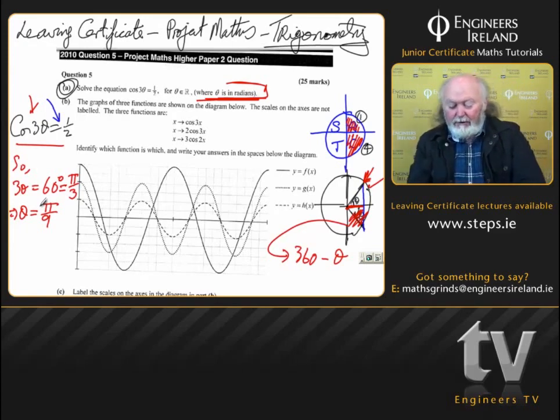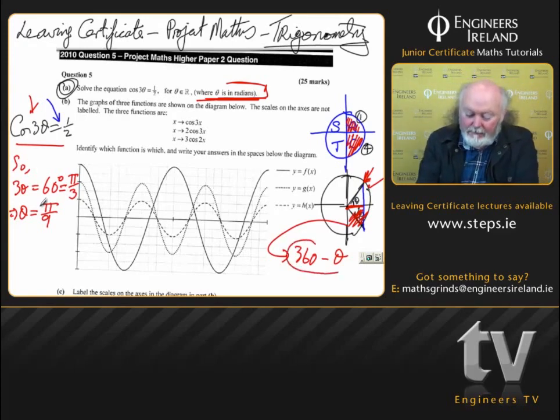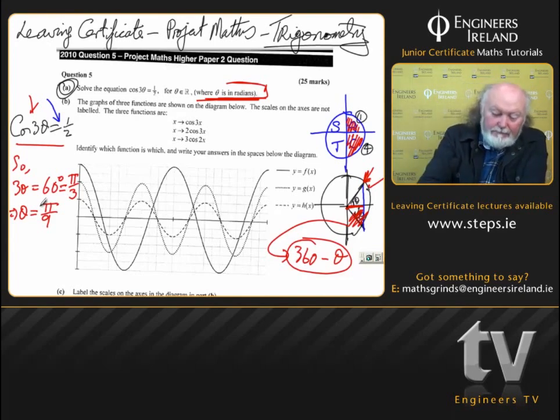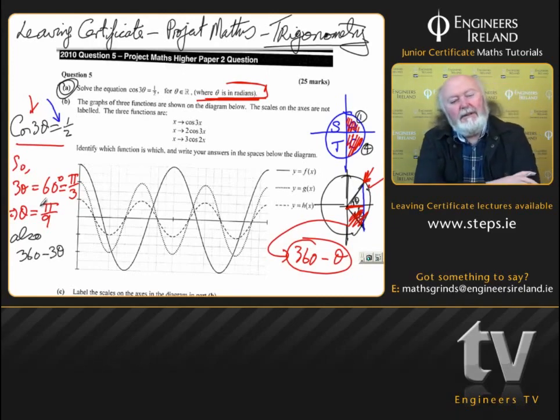In the fourth quadrant, this is the type of thing we're dealing with. Is that how it works?